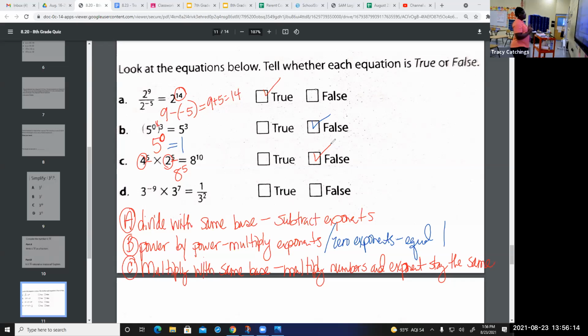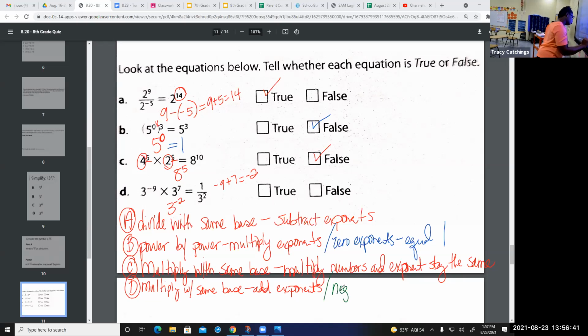And then D. D is multiplying with the same base. Anytime we multiply with the same base, we add exponents. So then it will be negative 9 plus 7, which will give us negative 2. So 3 to the negative second power. We then have a rule with negative exponents.